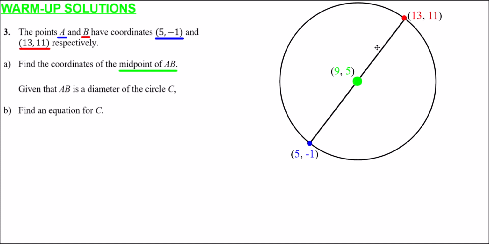From the green to the red point is the radius, so I can construct a right-angled triangle on this to then calculate what r would be. So from 9 to 13 we're going 4 along, and from 5 up to 11 is 6 up. So then using Pythagoras I can calculate r. But in fact we don't even need r, we just need r squared.